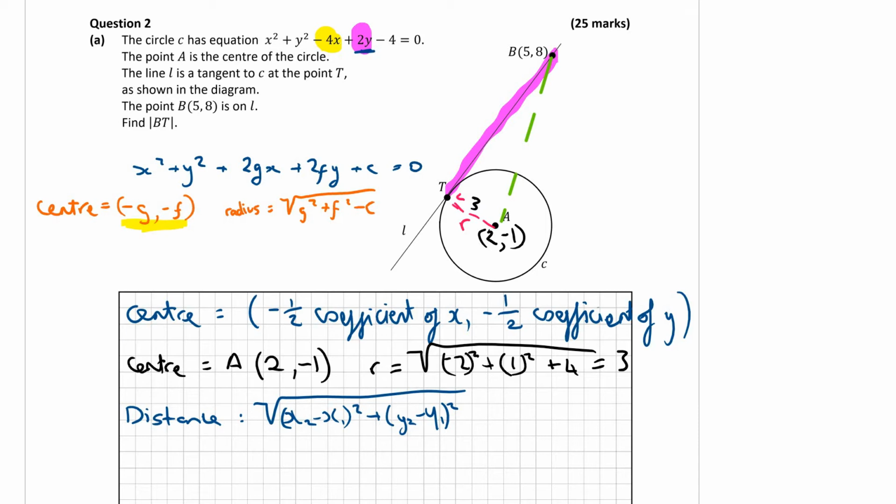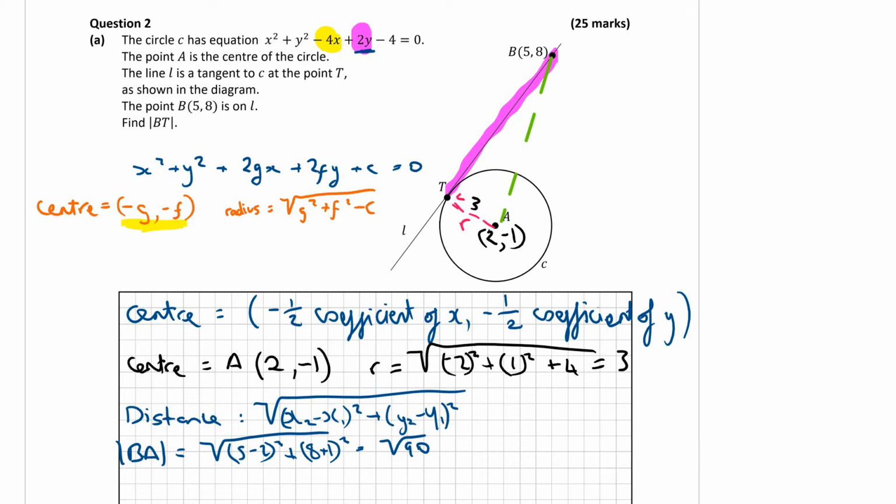So if I'm looking for the distance between B and A, that's the modulus there, it's going to be the square root of 5 minus 2 squared, because they're the x values, plus 8 minus minus 1 squared, which is 8 plus 1 squared, and that gives me a result of the square root of 3 squared, which is 9, plus 9 squared, which is 81. So 9 and 81 is 90. It's the square root of 90.